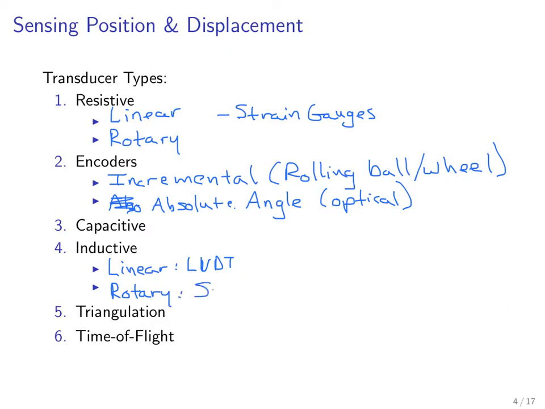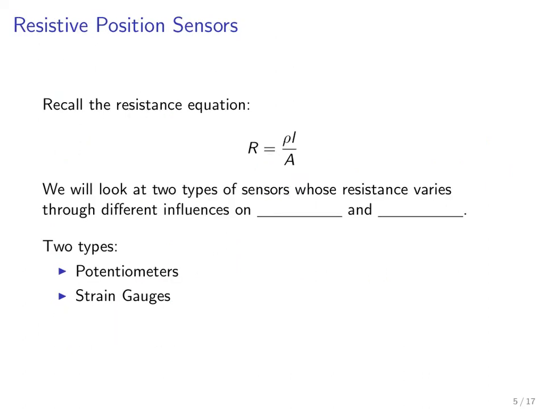This is called a synchro resolver, or an RVDT. And then later we'll also talk about triangulation and time of flight. So we will start by talking about resistive position sensors.